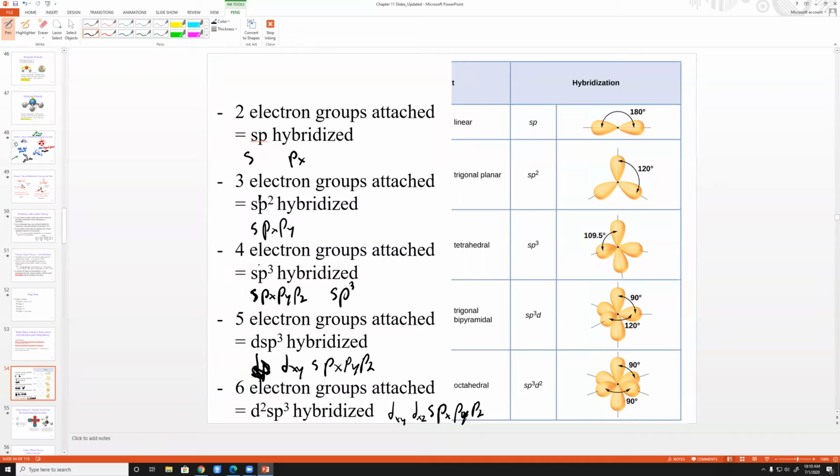So sp3 is s1, p3, which is 4 electron groups. dsp3 is d1, s1, p3, so 1, 2, 3, 4, 5, which is 5 electron groups. d2sp3 is 1, 2, 3 for the s and then 3 more for the p, so that's 6 total, and you have 6 electron groups. So that's basically it. From just one molecule you can determine the polarity, the molecular geometry, electron geometry, and the hybridization state based on this little chart.